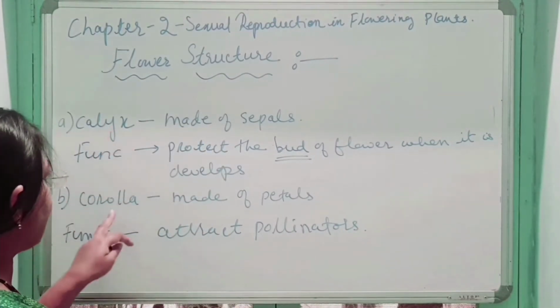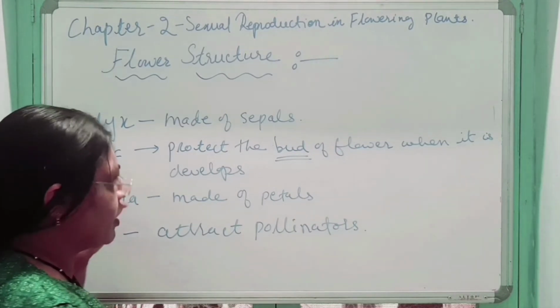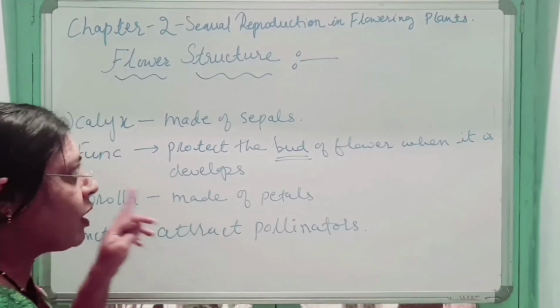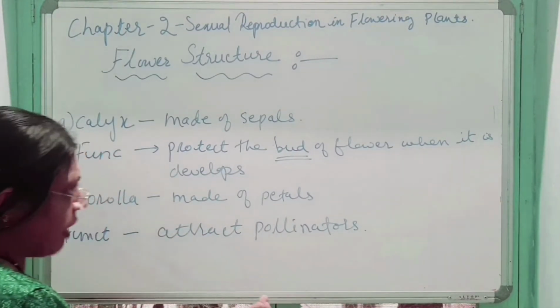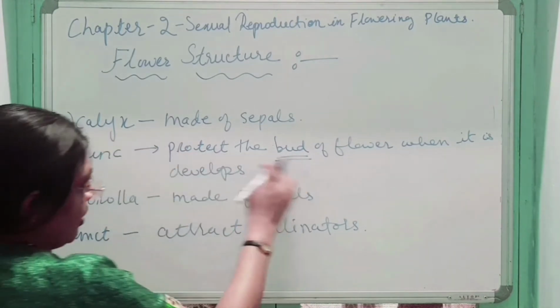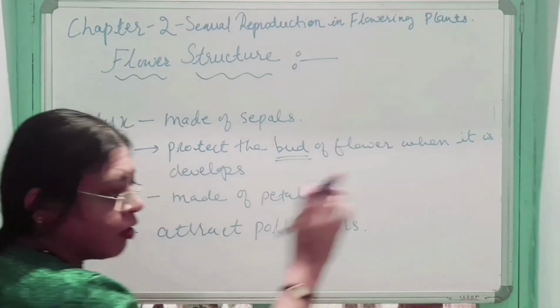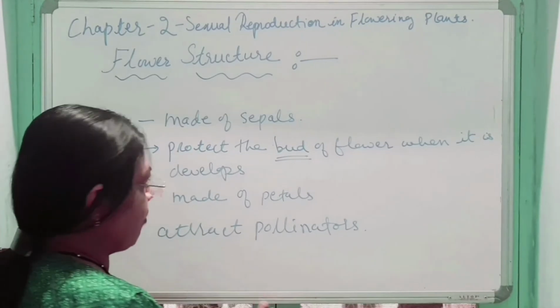Okay, so calyx and corolla are not taking part directly in reproduction, but they are helping in the reproduction of angiospermic plant. Okay, so how are they indirectly helping? First, the calyx is protecting the bud. If the bud is not protected, the flower will not develop into a proper, whole, mature, perfect flower.